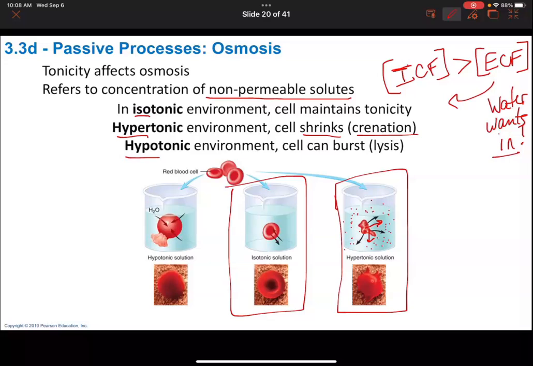In a hypotonic environment, the solution has fewer solutes than the cell. That means there's more stuff inside the cell, and so again, water wants to rush in and help distribute, but it can be such a large difference that so much water can go inside that it causes the cell to burst. We call this lysis.